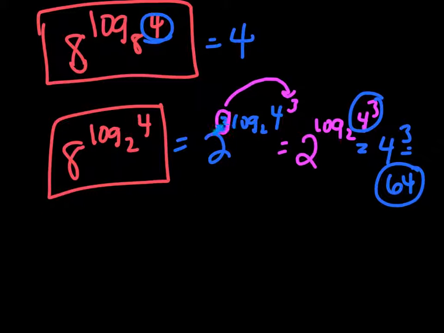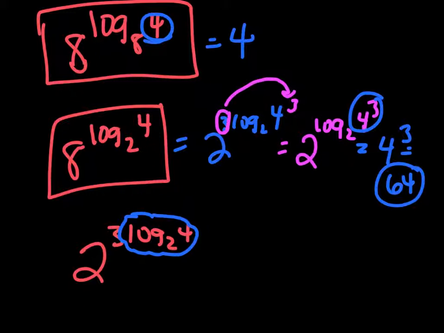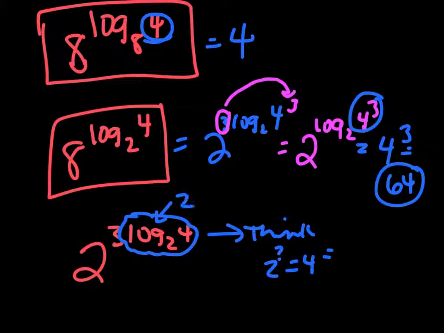I jumped the gun ahead, but if these are the same, you can do it. The other option you have is to work on the log base 2 of 4 first. Let's do it this way. If I have 2 cubed to the log base 2 of 4, I can work on this part first. You have to think in your head, 2 to what power is 4? And the answer to that is 2. So really, the answer to this part is 2.